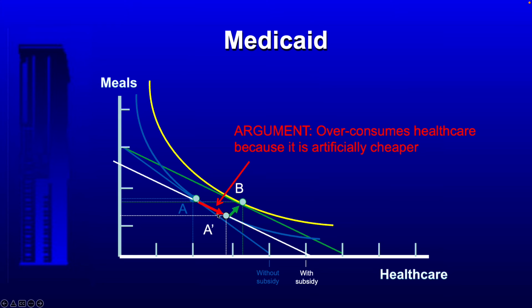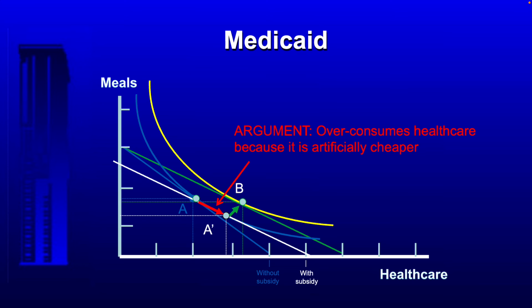The substitution effect will cause the consumer to simply consume more health care because it's now relatively cheaper, and you'll find all kinds of arguments that this is inefficient, because we are making health care relatively cheaper, people are going to consume more than an efficient amount of it.